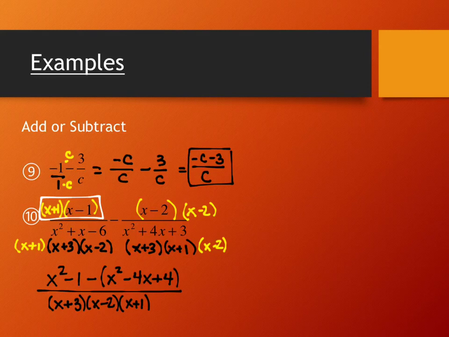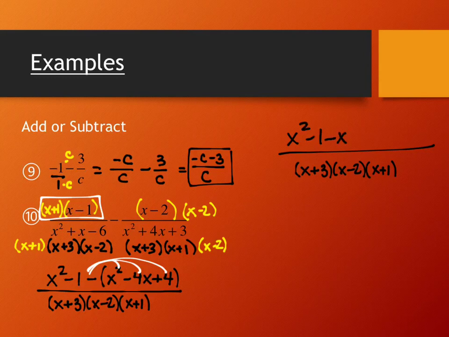I am going to need to distribute that negative in order to be careful as I combine the numerator pieces together. The denominator will stay the same. The numerator has x squared minus 1 minus x squared plus 4x minus 4.